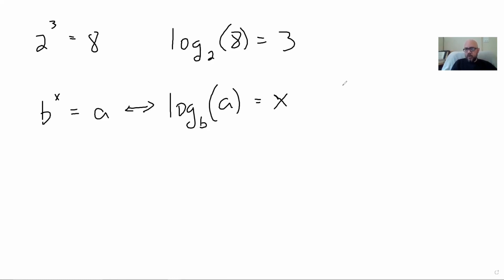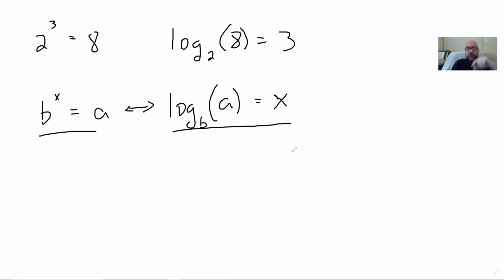Now, it's a little complicated, I know. You want to get used to being able to go back and forth from one form to the other because they're both useful. It's useful to be able to think about things this way and also this way.